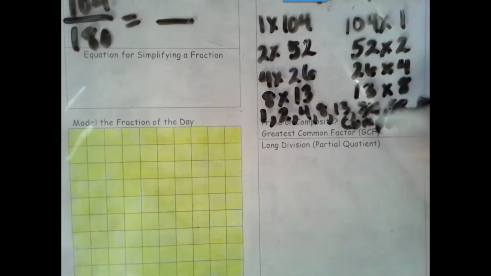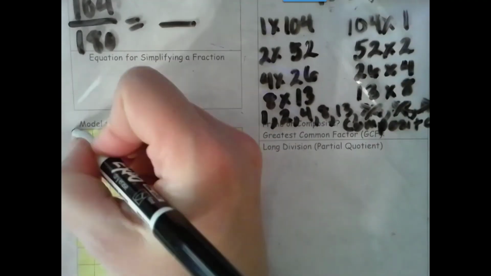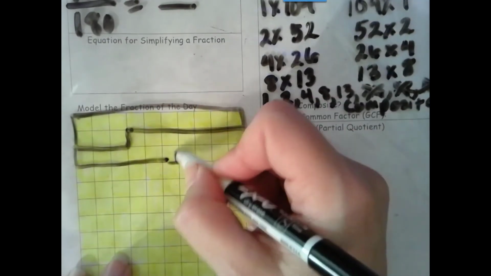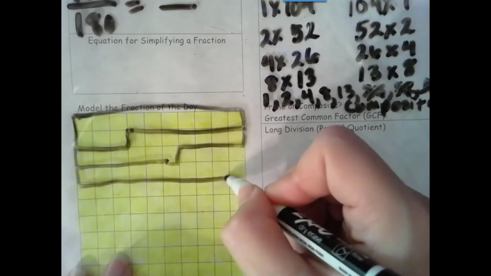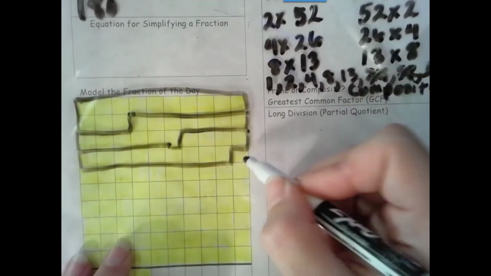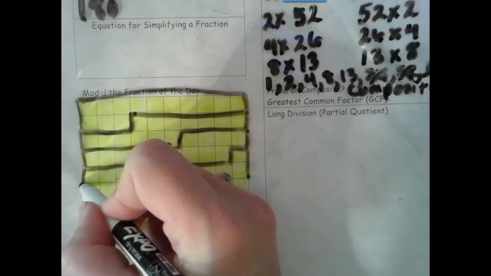Let's try 13. 10 and 3. 7 and 6. 4 and 9. 1 and 2 is 11.